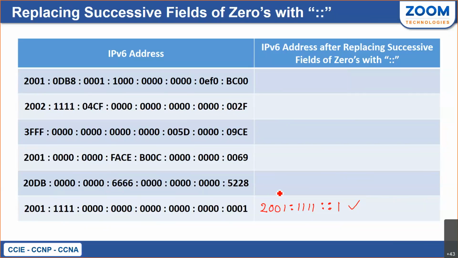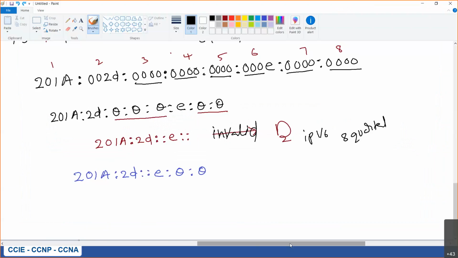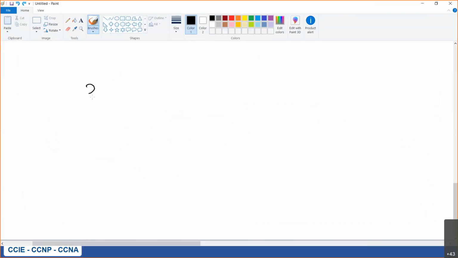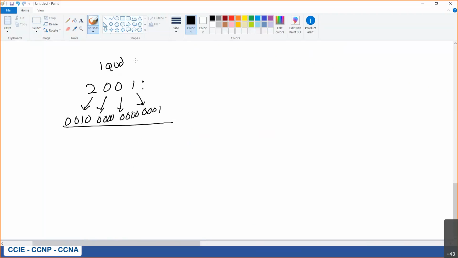Is it something like 00000010 and then all zeros? So that means one quartet is 16 bits. Till we have eight quartets, 16 times 8, 128 bits.